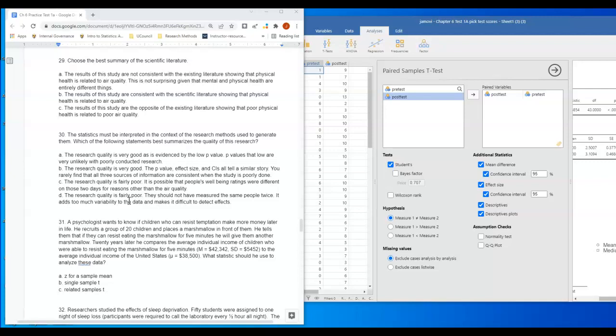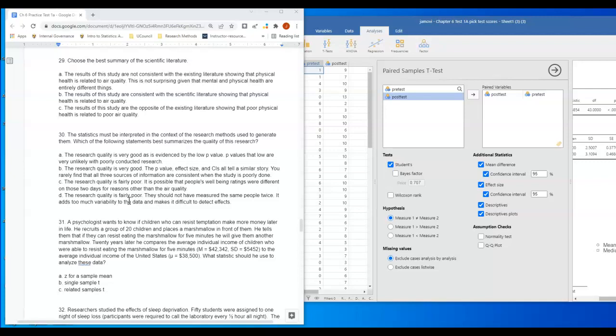Low p-values tell us nothing about the quality of the research. Next, the research quality is very good. The p-value, the effect size, and confidence intervals all tell a similar story. You rarely find that all three sources of info are consistent when the study is done poorly. That is not true. It's very possible you can get consistent results even with a very poorly done study.